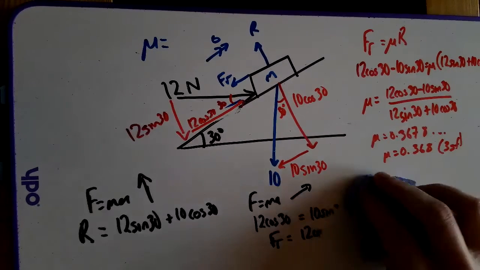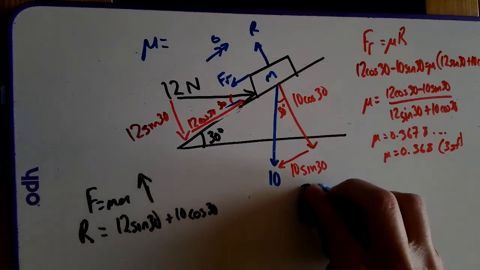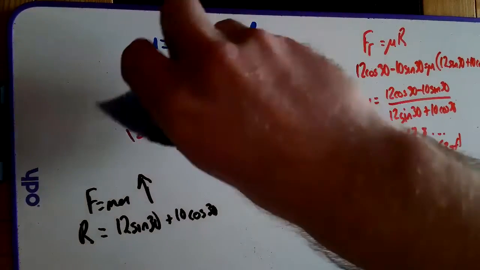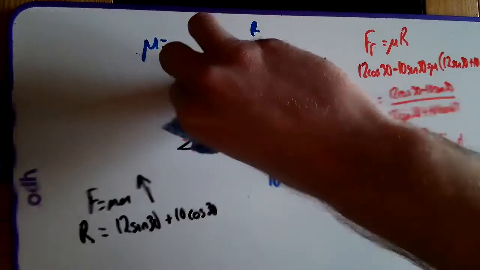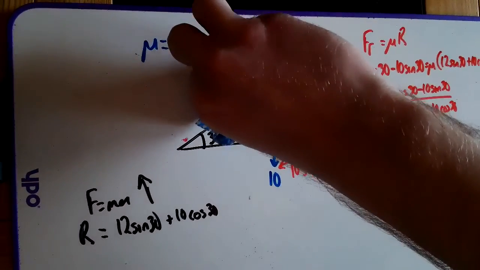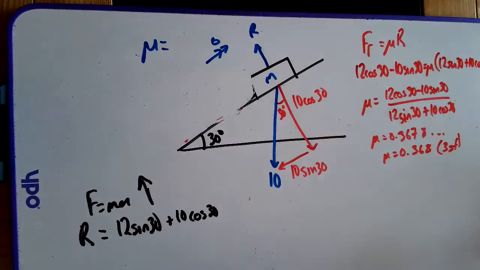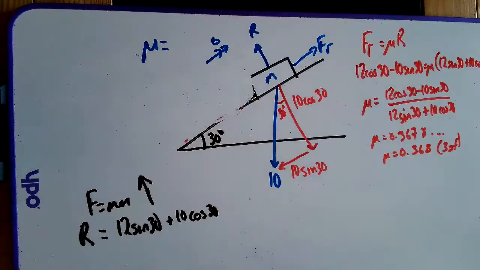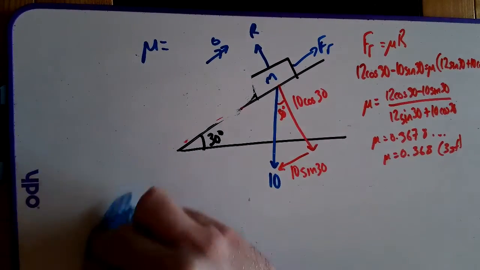So let's get rid of this. Actually, in fact, I could have just done this, couldn't I? Get rid of that. And this time, if it wants to go down the plane, friction is now going to go this way. So my mu stays the same, but friction will change.